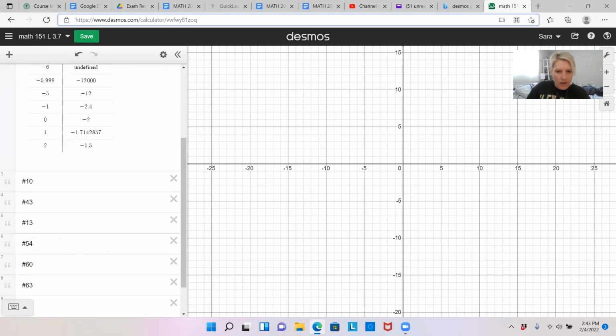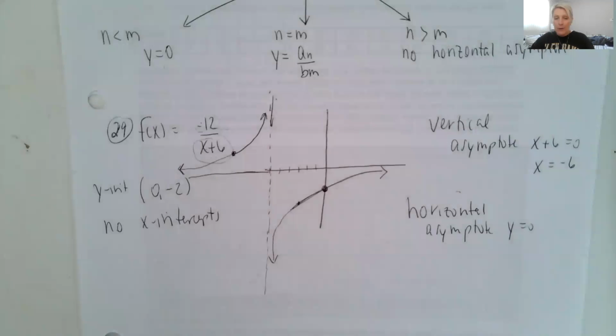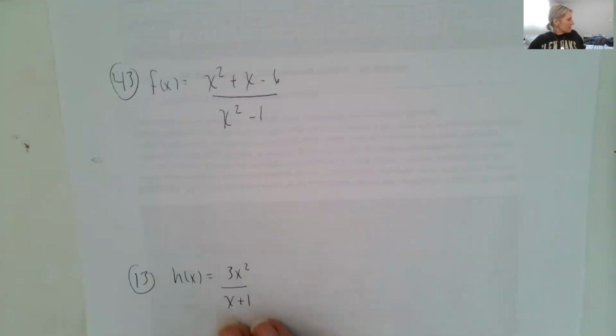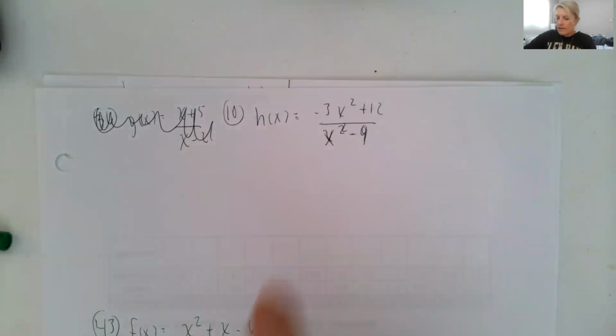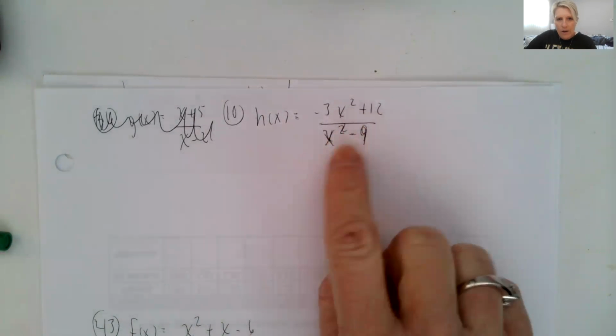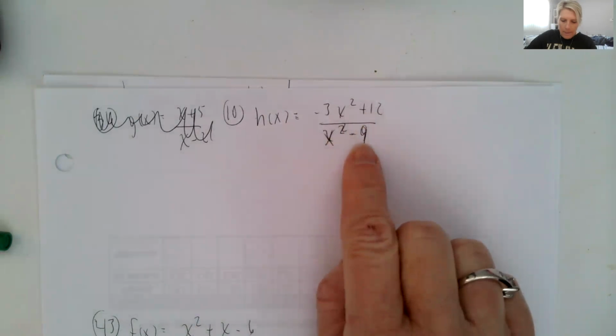Okay, so let's go and look at the next one. I have number 10. So number 10 says h of x is equal to -3x squared plus 12 over x squared minus 9.